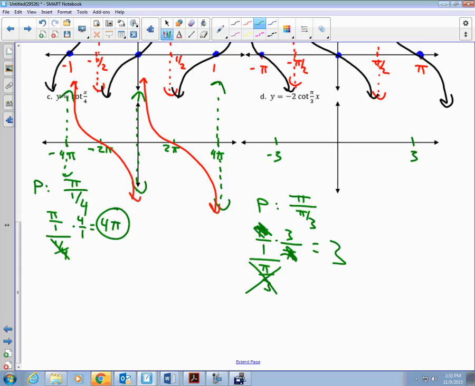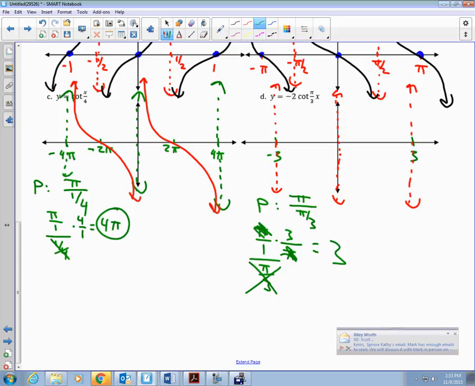Is cotangent equal to 0 at the period, or is it undefined at the period? Undefined. So I draw my vertical asymptotes right through period spots. Don't forget to include 0. What happens in between? It's equal to 0.